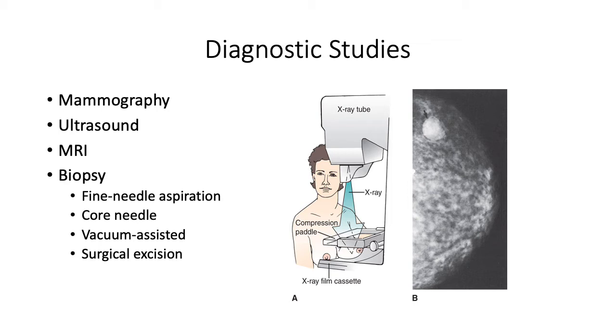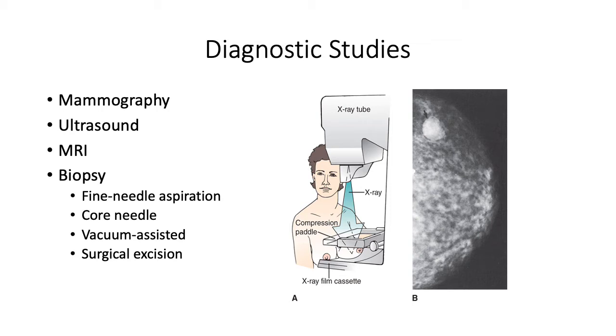Biopsies can be used to diagnose, and there's several types. Fine needle aspiration, this is where cells are extracted from the mass. Core needle biopsy, this is performed using a wider needle to obtain a larger sample. Vacuum assisted biopsy, this is done using mammography imaging, ultrasound, or MRI to locate the mass.